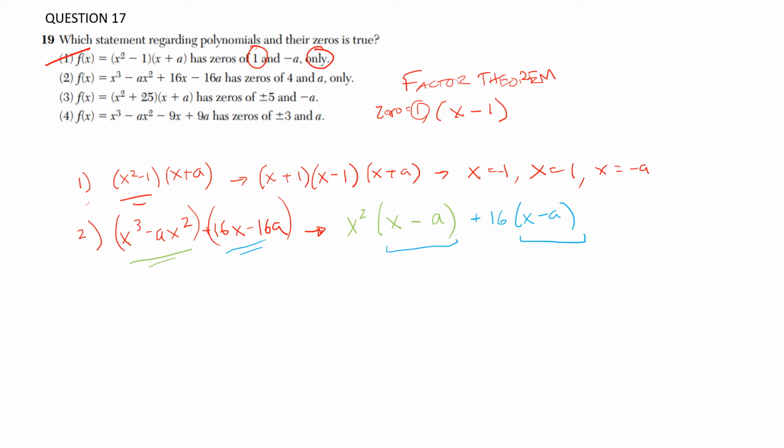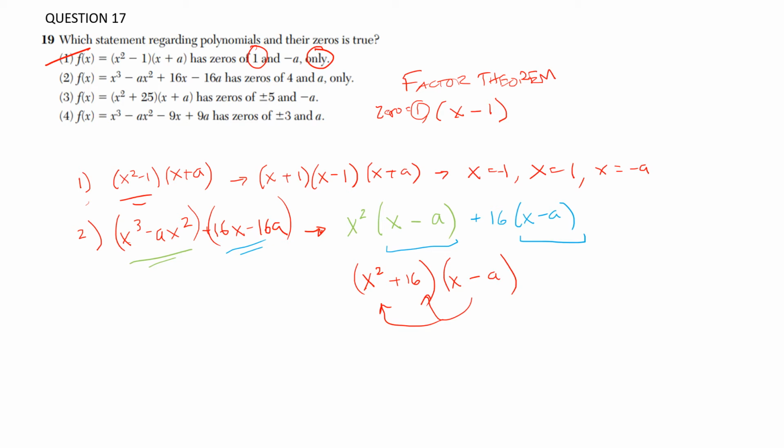We'll rewrite this together as x squared plus 16 times x minus a, right? Because if you distribute that into here and here, we'll get the same answer as above.